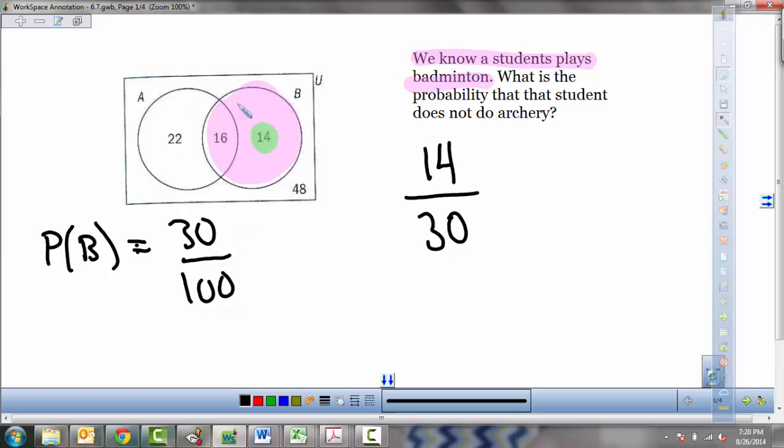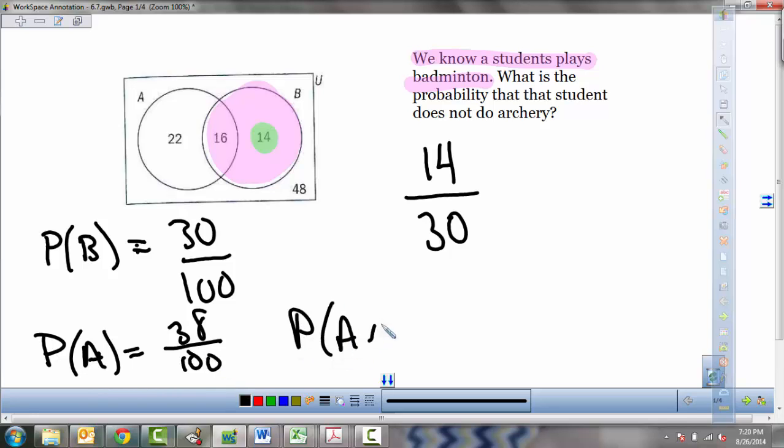There are 100 people total if you add up all those numbers. And what's the probability of A? The probability of A is going to be 38 out of 100. And the probability of A intersect B would be 16 out of 100.